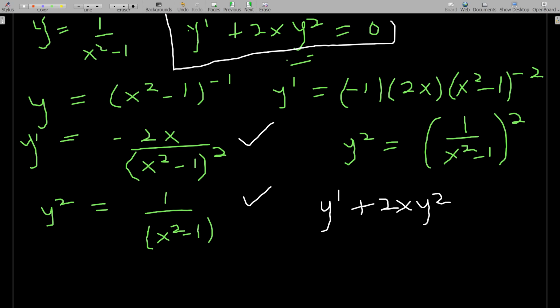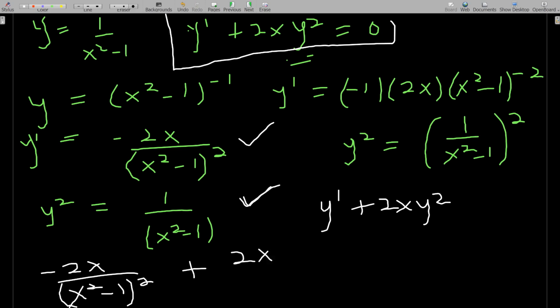So y prime is minus 2x over (x squared minus 1) all squared, plus 2x times y squared, and 2x times that gives 2x over (x squared minus 1) all squared, and this should give me what?